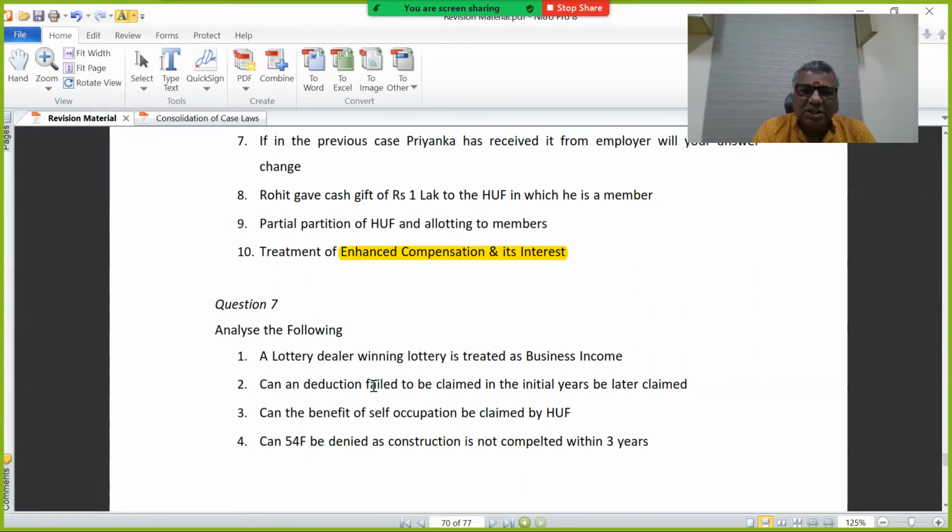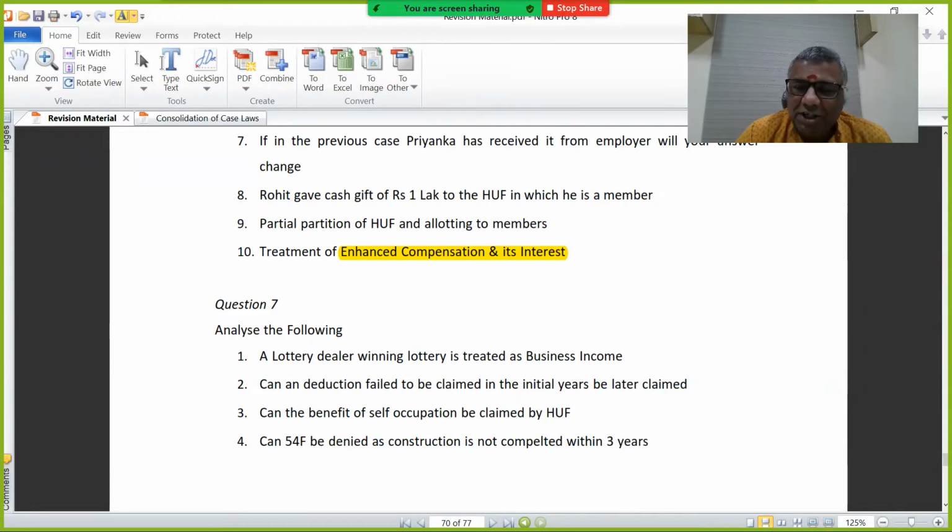Can a deduction that failed to be claimed in the initial years be claimed later? For example, you will be getting the deduction for 5 years.